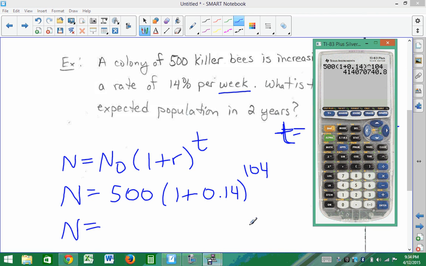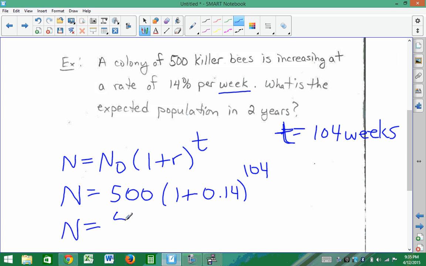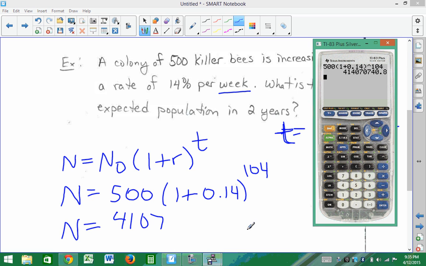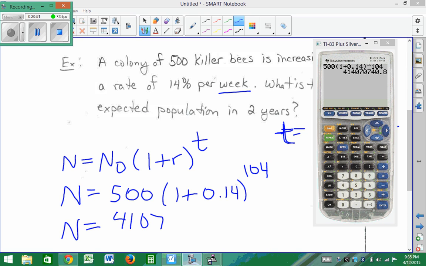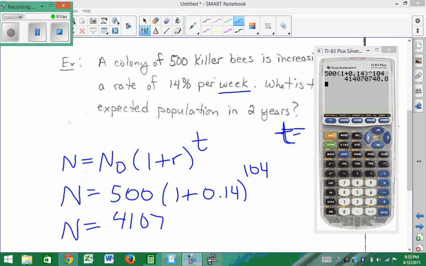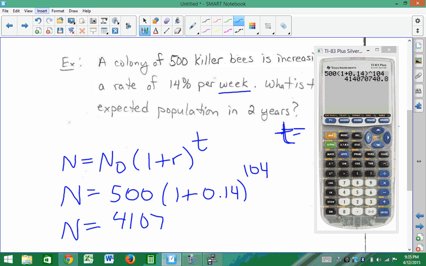Calculator went away. 414070741. See if I can get that to stay on the screen for us. Okay, I think I got it to stay on the screen. 414. There we go.